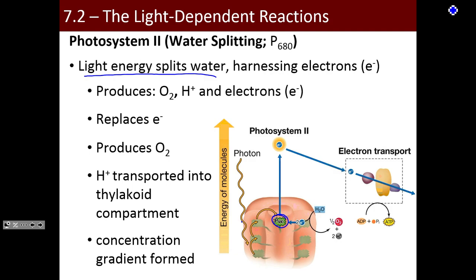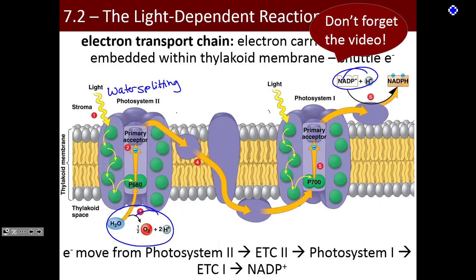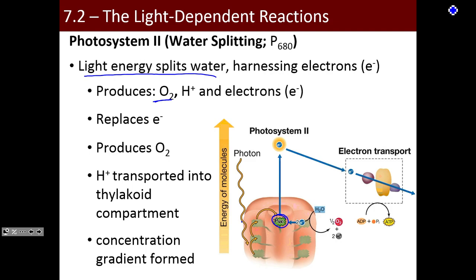Right? So as it's receiving energy and those electrons are getting really unstable and they've got to leave, then we've got to fill by splitting some water. So this reaction is constantly splitting water. It's going to then, as a byproduct, produce oxygen.